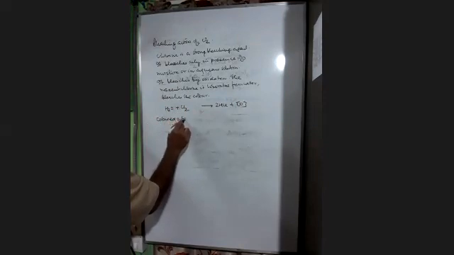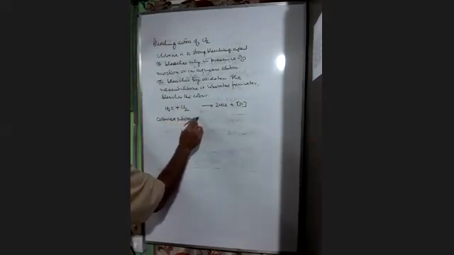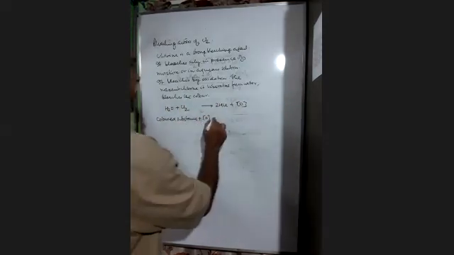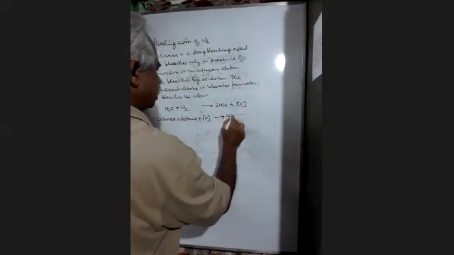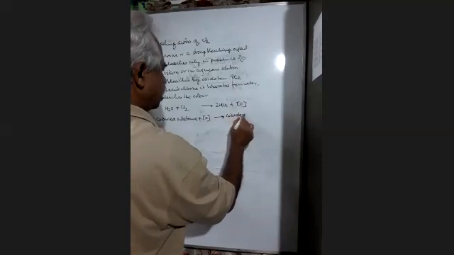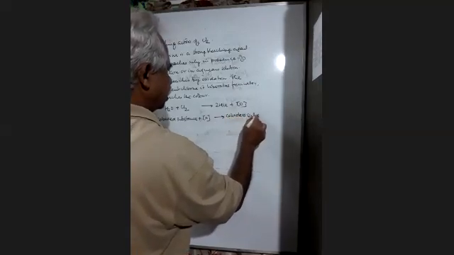Then colored substance plus oxygen, it will give you colorless substance. So this is the equation of bleaching. Okay, now you write. Then after that I'll explain to you.